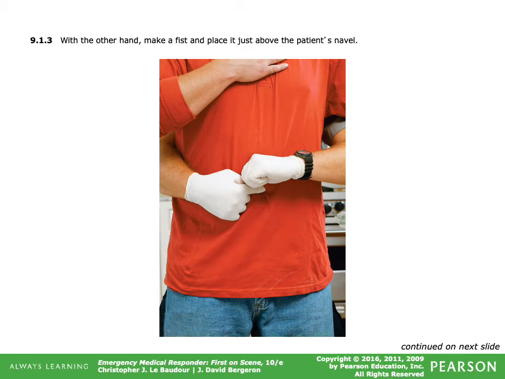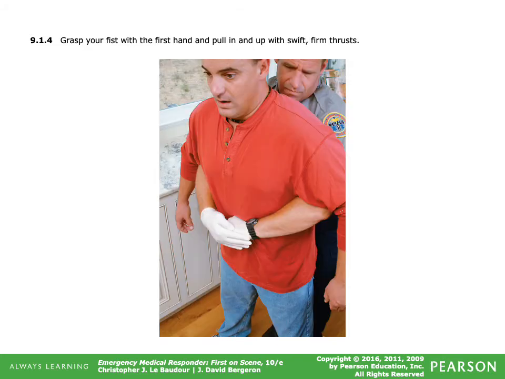With the other hand, make a fist and place it just above the patient's navel. Now grasp your fist with the first hand and pull in and up with swift, firm thrusts. After we do this, we're going to hope the airway obstruction is cleared and the patient starts breathing spontaneously.